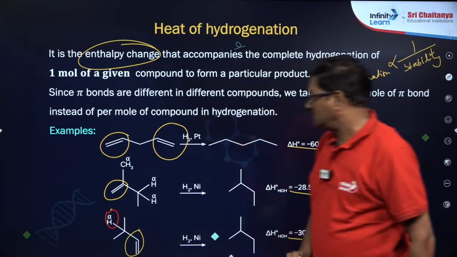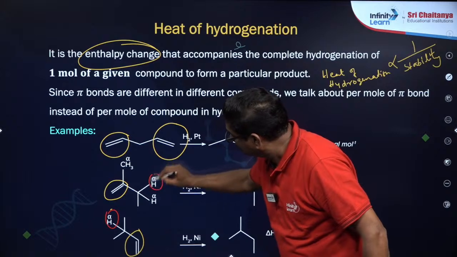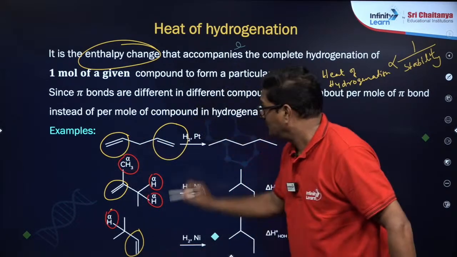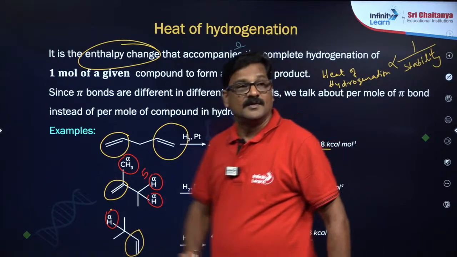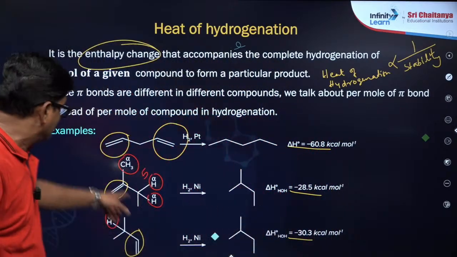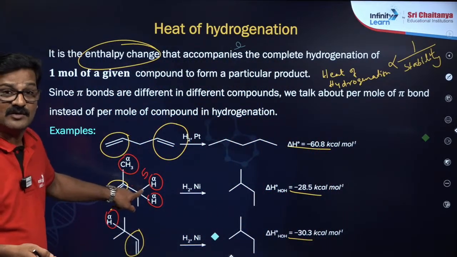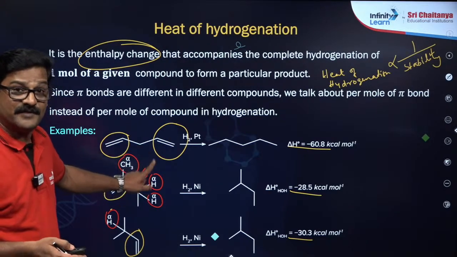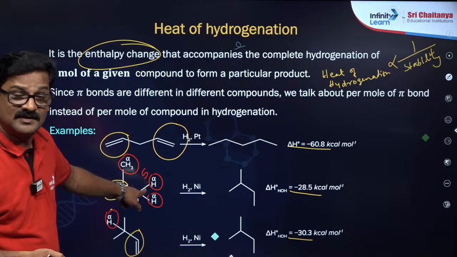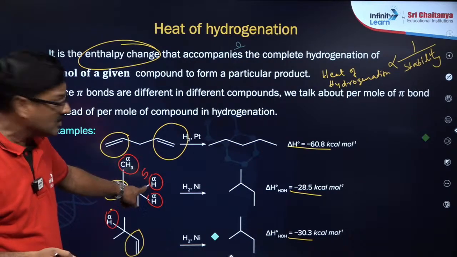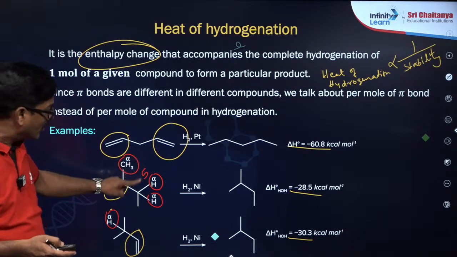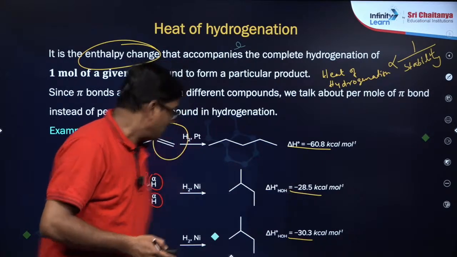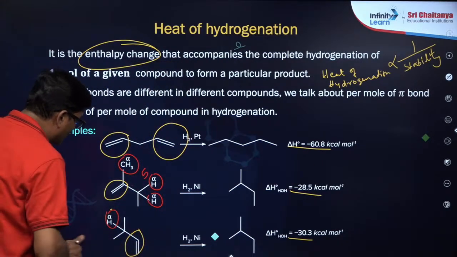This one has 5 alpha hydrogens, so its stability will be more. 5 alpha hydrogens means 5 hyperconjugation structures. 5 hyperconjugation structures means more stable. More stable means less heat of hydrogenation. Whereas this has only 1 alpha hydrogen.